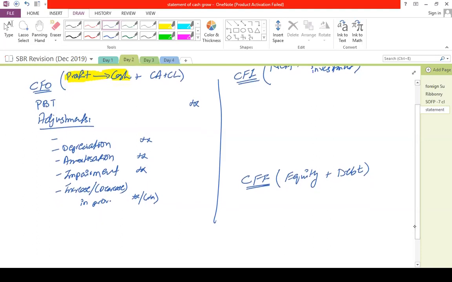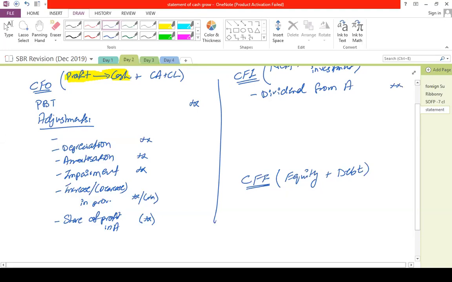Now, these were some of the basic adjustments. If we go a bit advanced, the share of profit in associate is also something non-cash, although it would have been added in the profit. So we should be deducting that share of profit, and the dividend that we would have received from the associate is what we would have received in the form of cash.